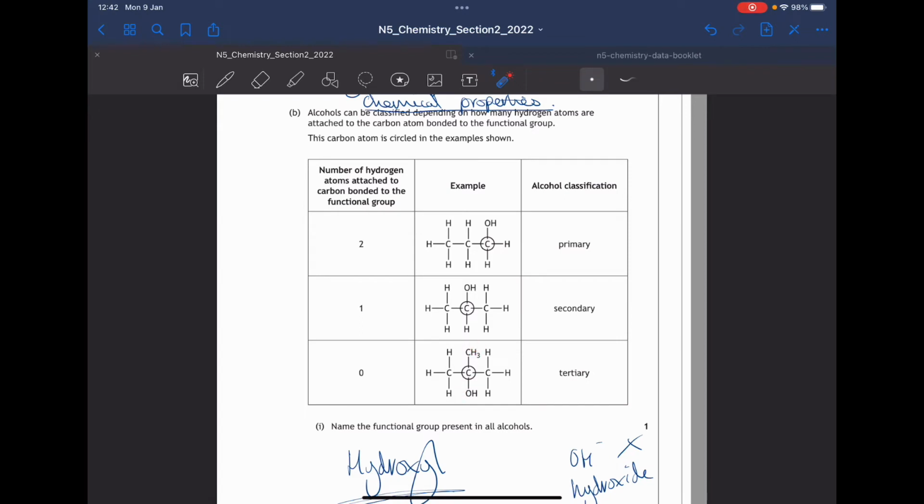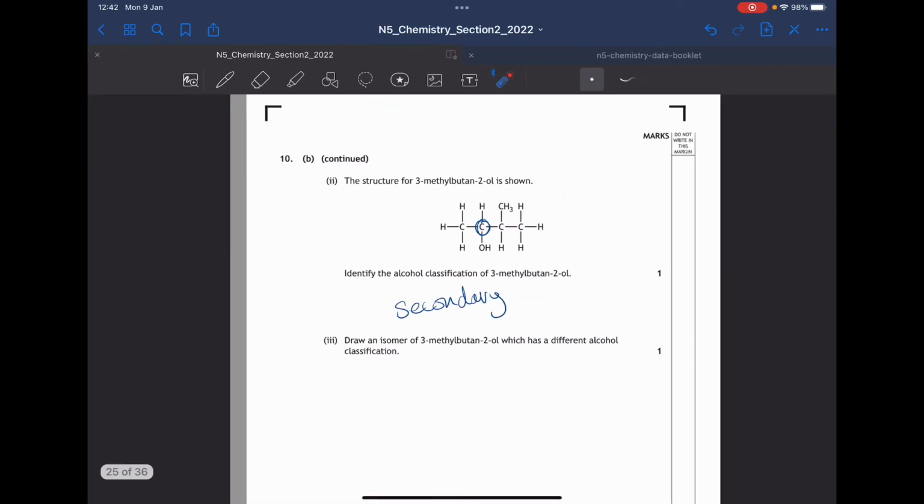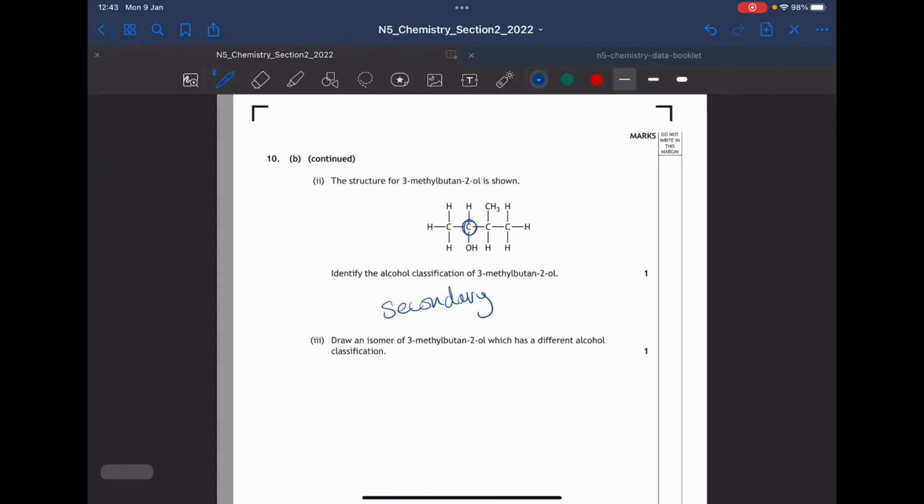So to get a primary or a tertiary, which is a different classification, we either need to move the hydroxyl group to the end carbon, where there'll be 2 hydrogens on the carbon, or we need to move it to the same carbon as the branch, so that it would be a tertiary. So we'll just move it to where the branch is, that's probably easier.